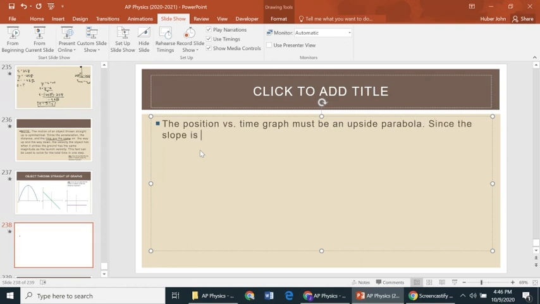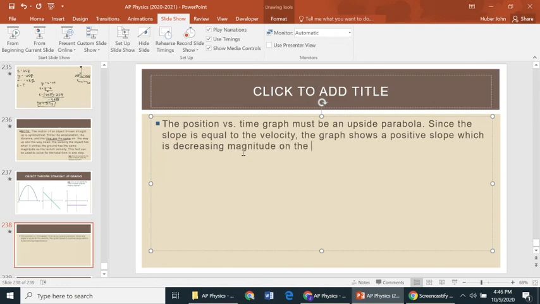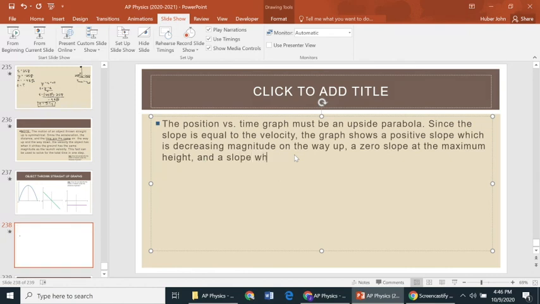Since the slope is equal to the velocity, the graph shows a positive slope, which is decreasing in magnitude on the way up, a zero slope at the maximum height, and a slope which is negative and increasing on the way down.